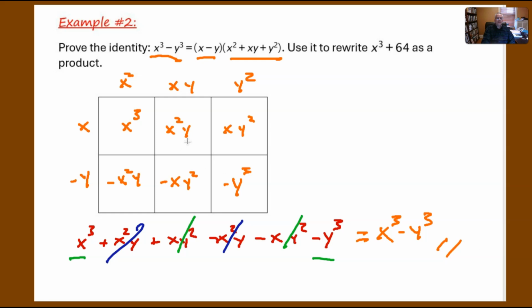Now, we're supposed to use this to rewrite this.